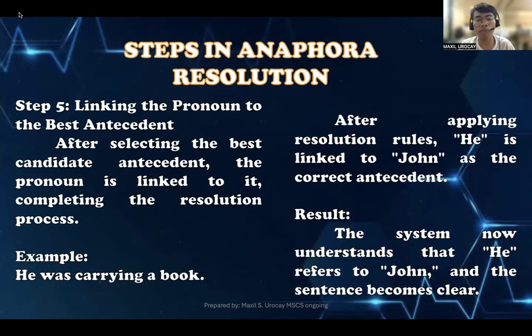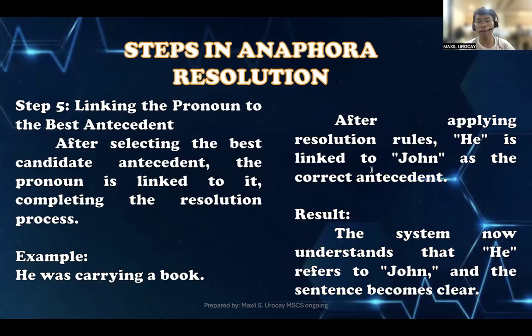So after applying resolution rules, he is linked to John as the correct antecedent. As a result, the system now understands that he refers to John and the sentence becomes clear. So once the system has selected the most likely antecedent, it will link the pronoun to that noun. In our example, he was carrying a book. After applying the resolution rules, the system resolves he to John, since the sentence becomes coherent and understandable already.